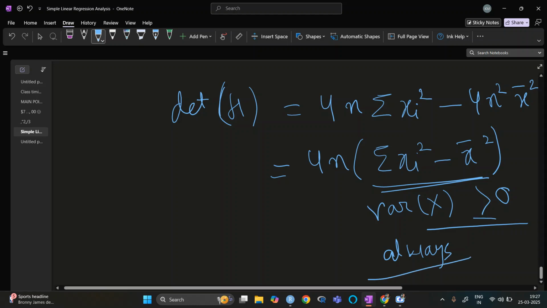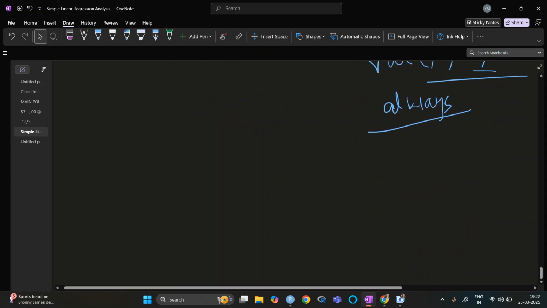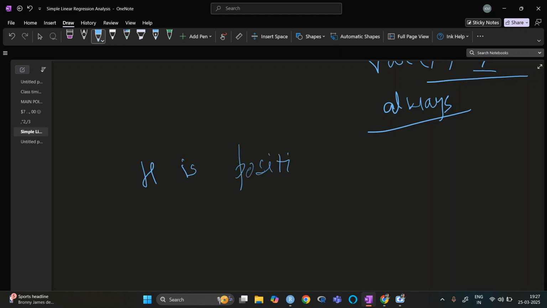So H is positive definite, we say, if it is this. What we were trying to find is that if the second derivative is greater than 0, that means it has a minimum at that point. So the determinant of its second derivative H is greater than 0.